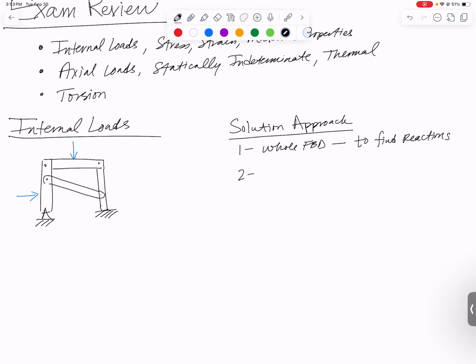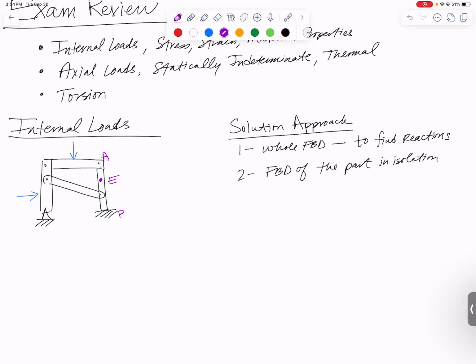Next, we typically need to do a free body diagram of the part in isolation to determine the loads on that part. So for example, let's say we do that whole free body diagram to find the loads here and here, but what I actually eventually want is the internal loads at point E right there. In order to find E on that part, I'm probably also going to need a free body diagram of just this bar right here.